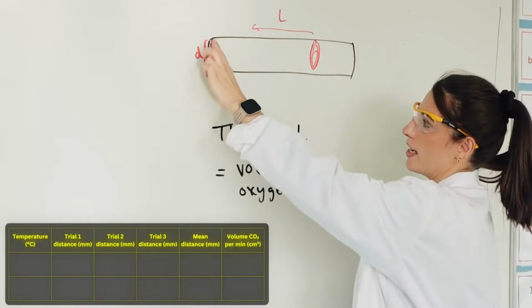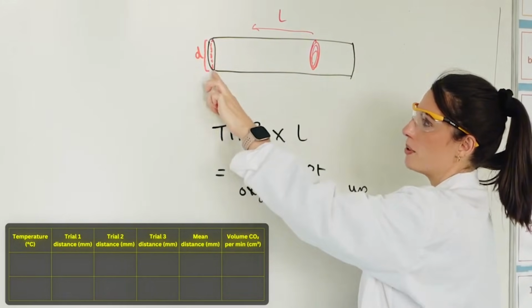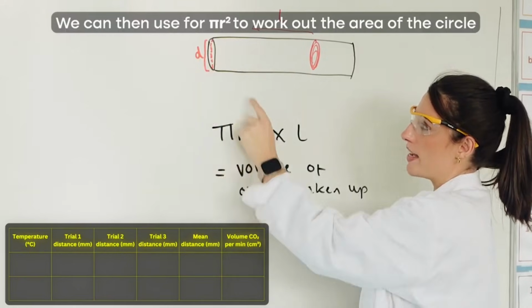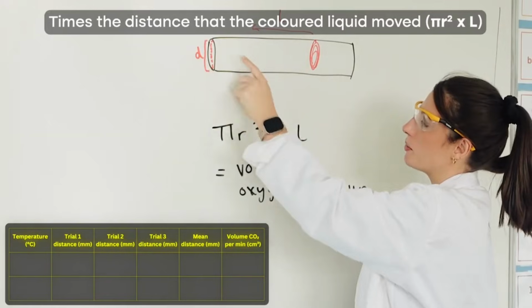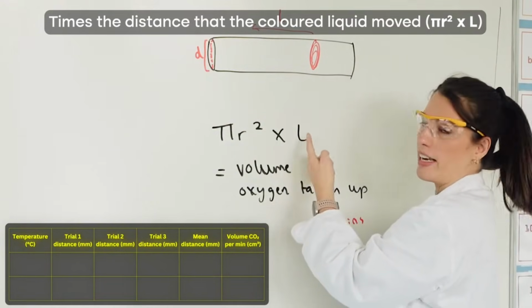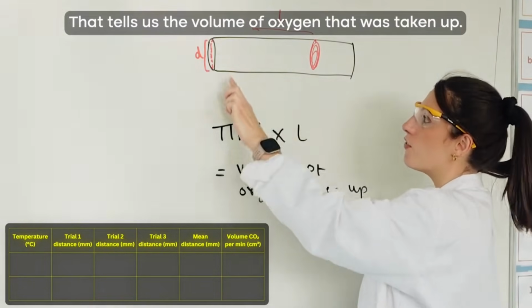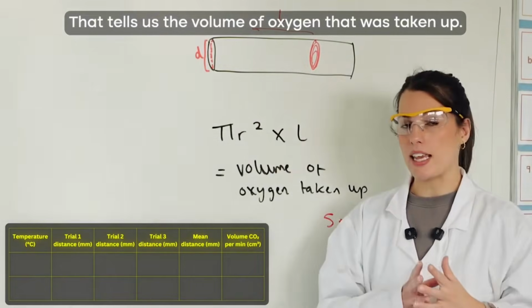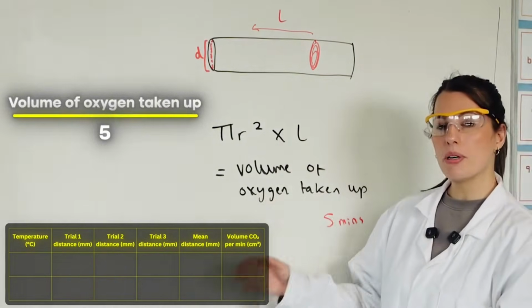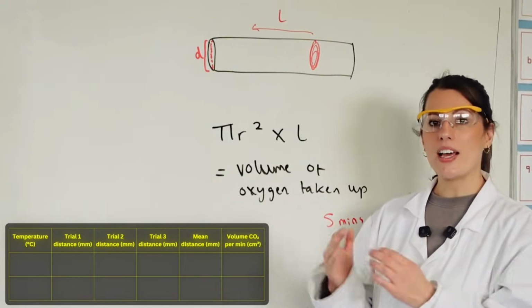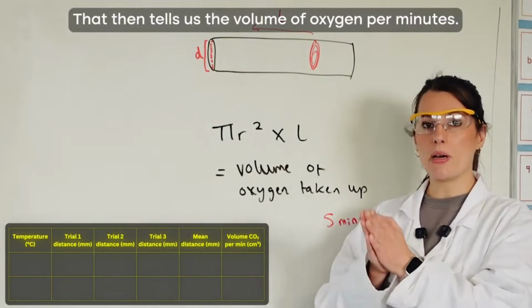So the diameter of that capillary tube, we could then use for pi r squared to work out the area of the circle. And then the distance that the coloured liquid moved, we times it by that, our length or distance, and that tells us the volume of oxygen that was taken up. And if we left that for 5 minutes, we would do the volume of oxygen taken up divided by 5, and that then tells us the volume of oxygen per minute.